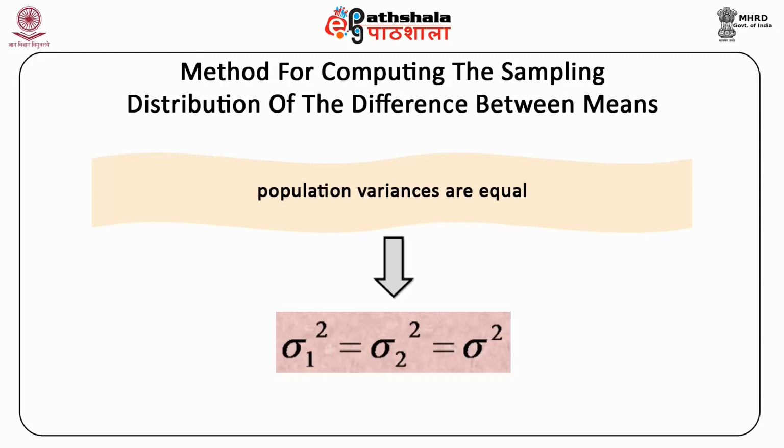That is, sigma 1 square is equal to sigma 2 square is equal to sigma square. However, due to sampling error, if a sample is taken from each population, the two sample variances will likely differ from each other, as well as from the common variance sigma square.